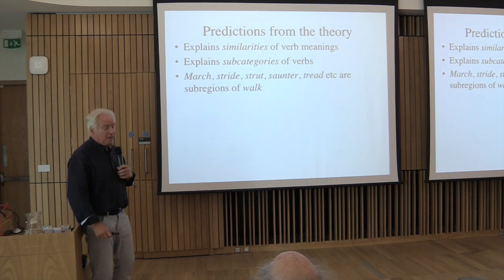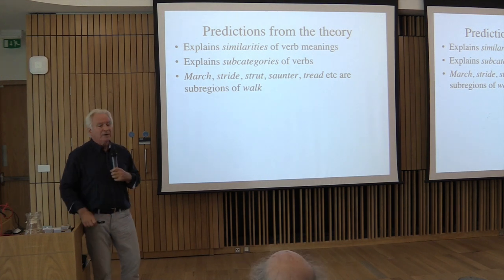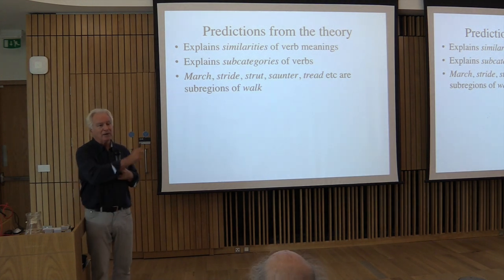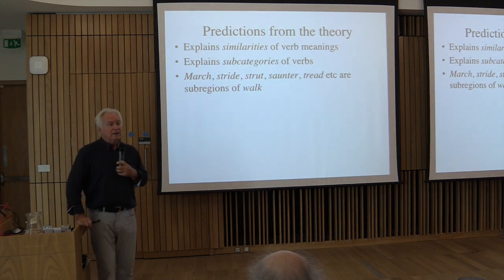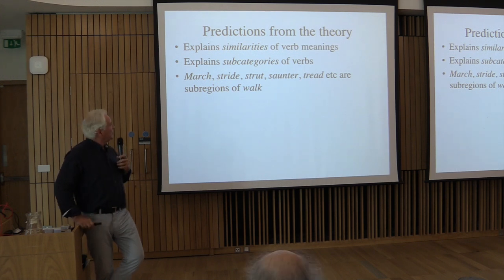Subcategories of verbs. English has a very large number of different subcategories of walking, and I'm only giving you a few examples here. If you analyze them, what is the difference between marching and striding and so on?